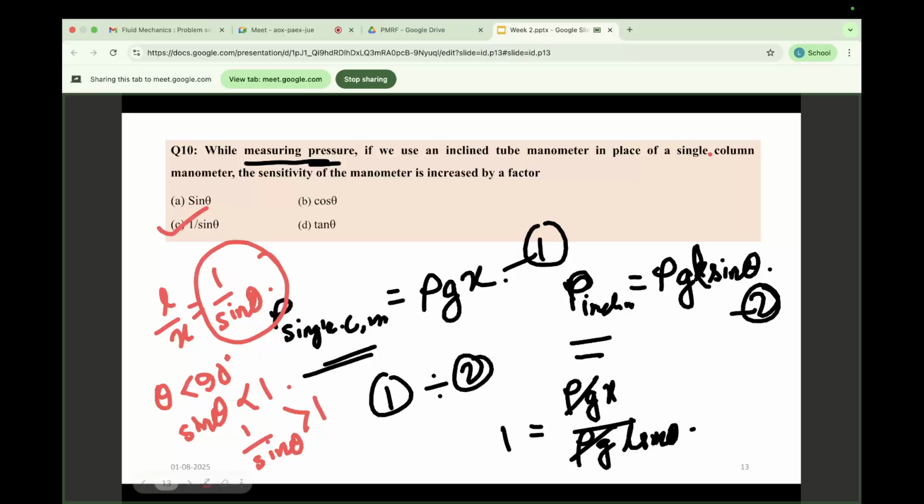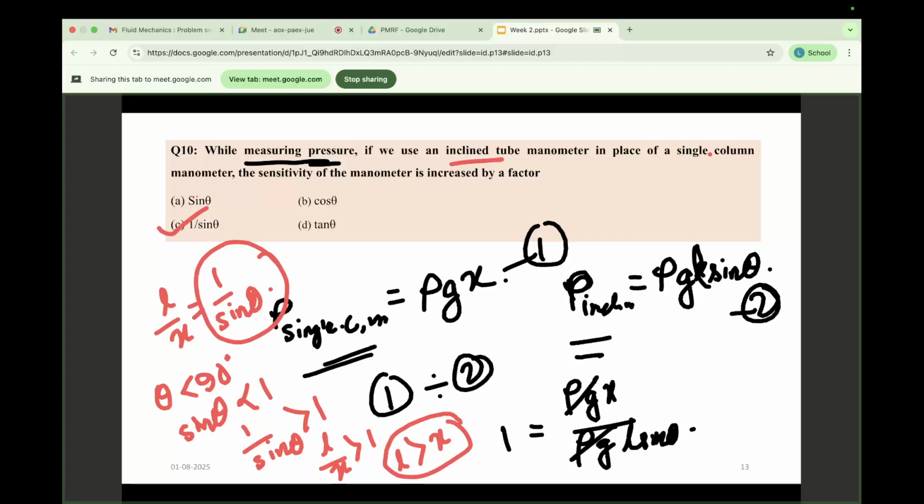So L by x is greater than 1, that means L should be greater than x. L is for the inclined manometer, and the sensitivity of the inclined manometer is greater than the normal one, so definitely it should be 1 by sin theta. That's why the answer is 1 by sin theta.